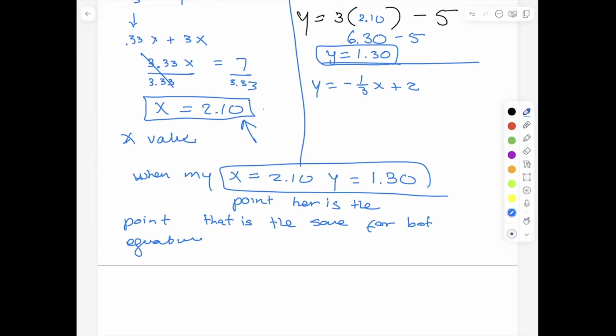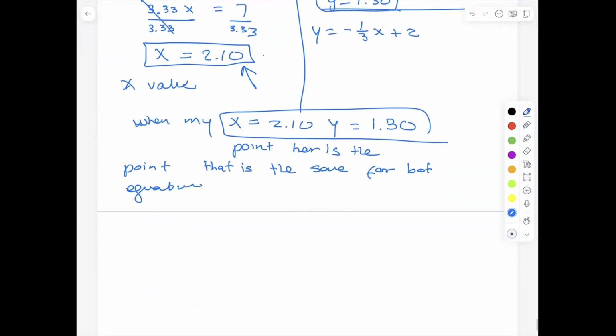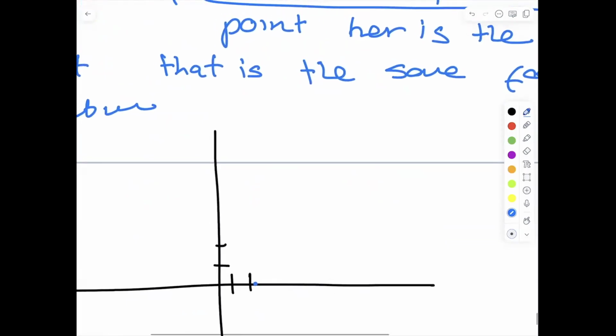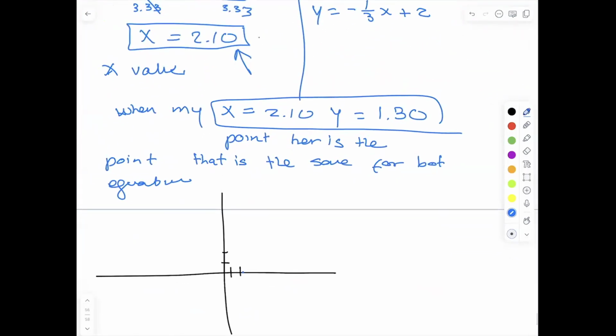So how does that look? Well, let's draw it. 1, 2. So 2.1 for x would be around here, but for y it's 1.30, so it would be around here.